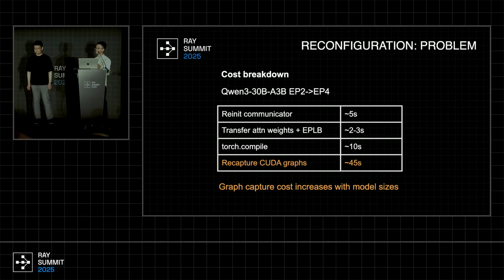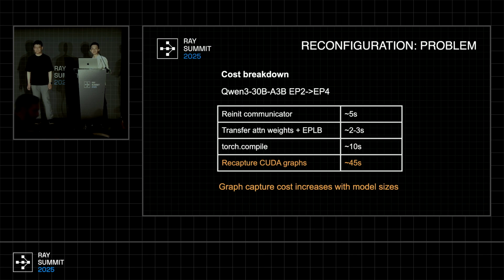The capturing time also increases with model size because you have more CPU operations and more layers. With our optimizations, if we are doing incremental updates, we would not actually reduce any of the costs, but we would amortize them over multiple iterations, so the existing requests will not be delayed very long.